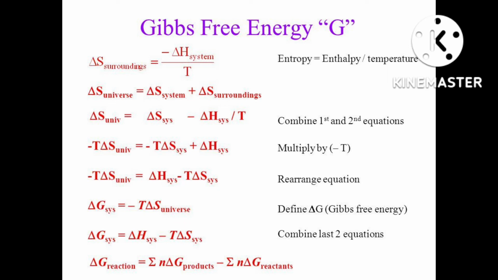You know that minus standard delta G is equal to 2.303 RT log K. Hence log K is equal to minus standard delta G divided by 2.303 RT.